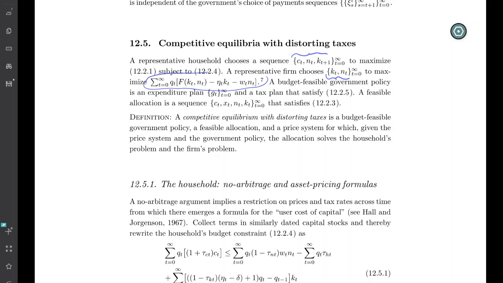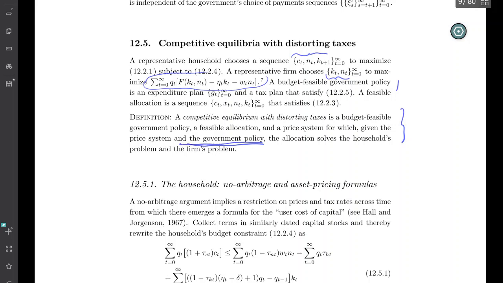And then the final thing we need is a budget feasible fiscal policy. So stare at this definition: a competitive equilibrium with distorting taxes. It's a budget feasible government policy, a feasible allocation, and a price system for which, given the price system and the government policy, which includes tax rates that people take as given, the allocation solves the household's problem and the firm's problem.